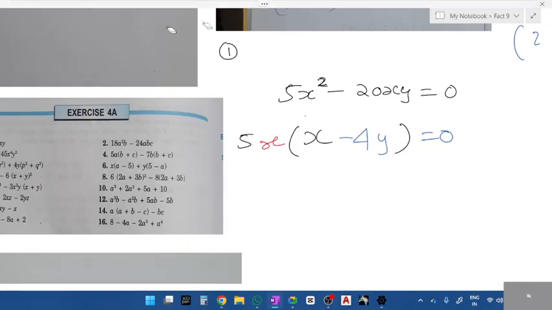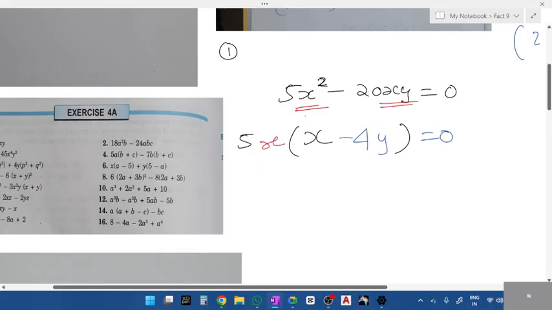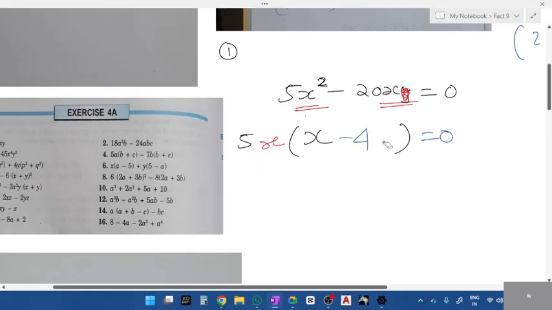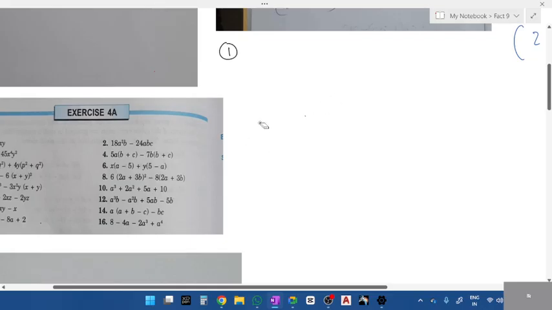But here the only thing is x is present here, but we have x and y here. In quadratic equation, you won't have y. You'll just have the value of x. Fine. You'll just have the value of x. So your answer would be like this. Okay, this is how we solve quadratic equation. This is one way. Next.